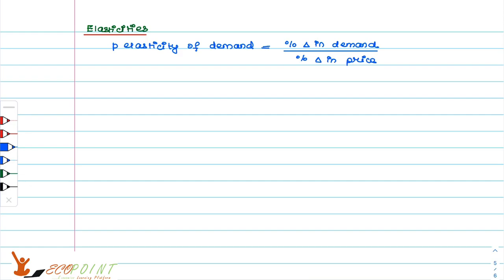So say for example, y is equal to alpha into p to the power minus beta, like this. I need to find out the price elasticity of demand for this: the percentage change in demand upon the percentage change in price.